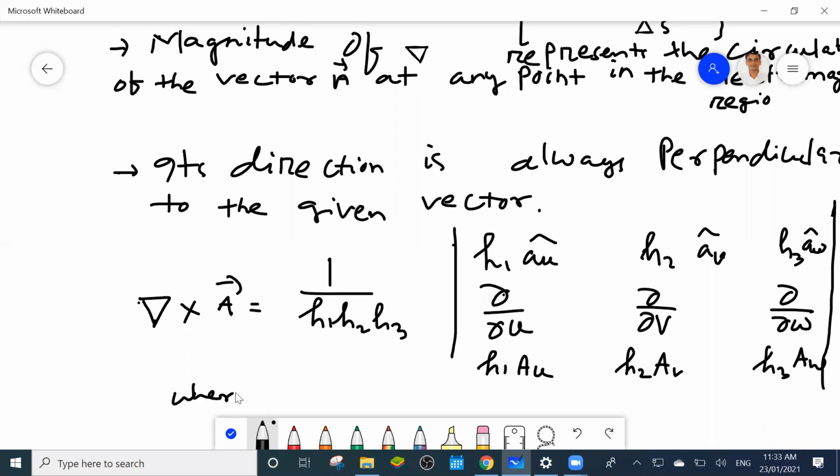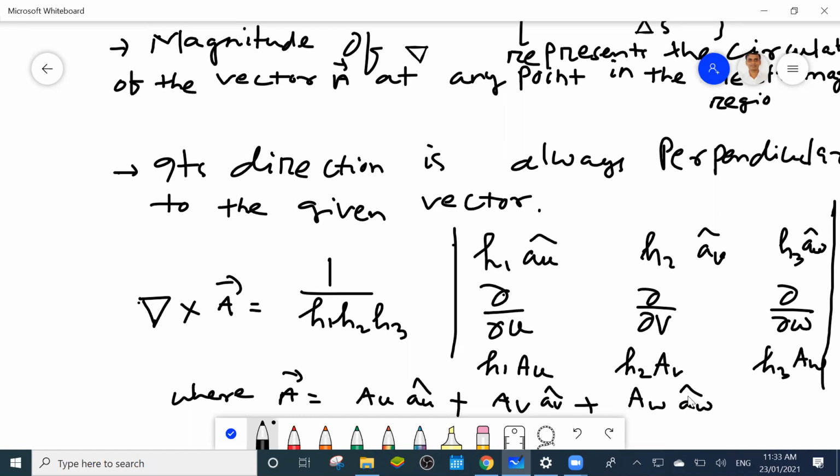Here A is the vector equal to A_u cap plus A_v cap plus A_w cap. So if this is a vector, then I have to find its curl.